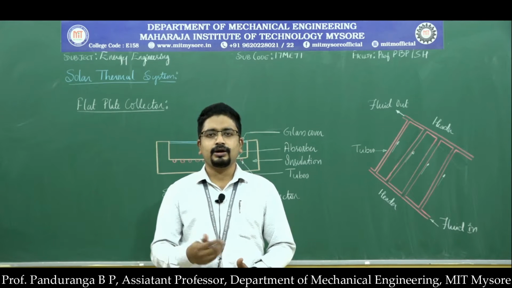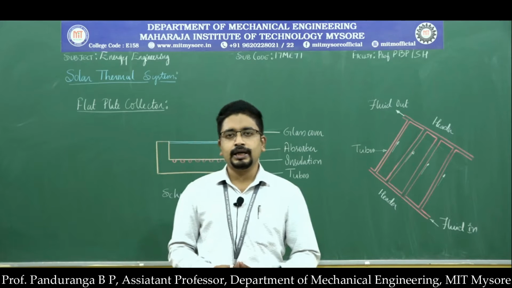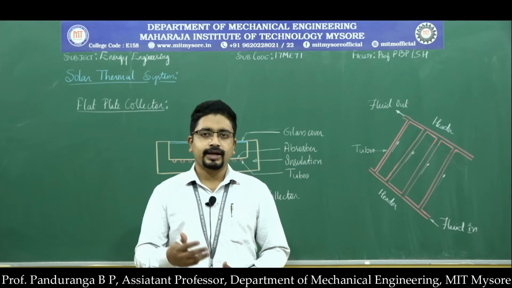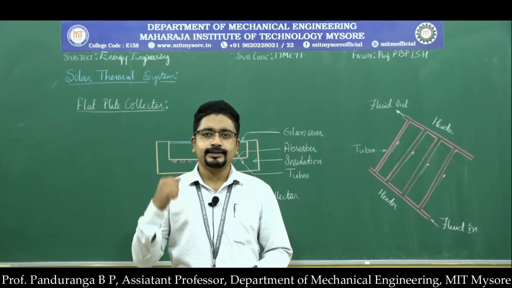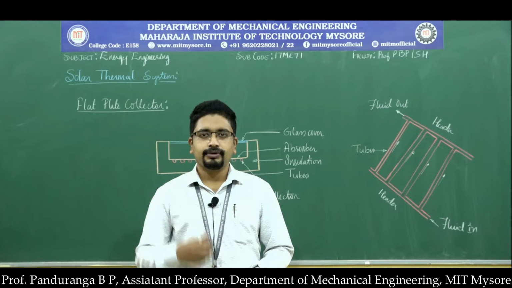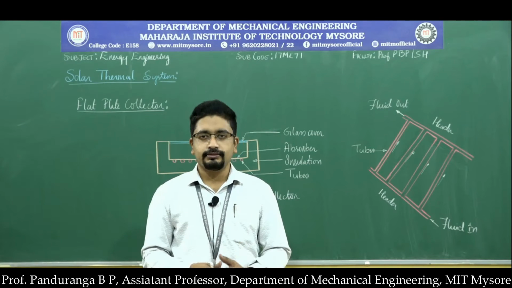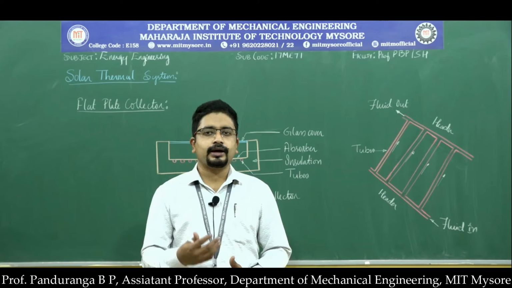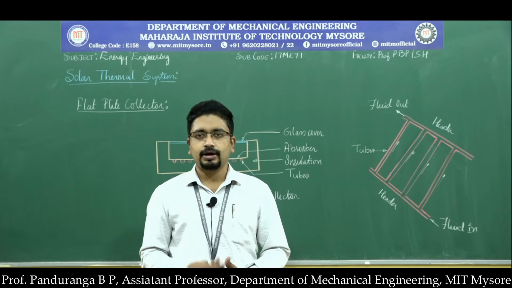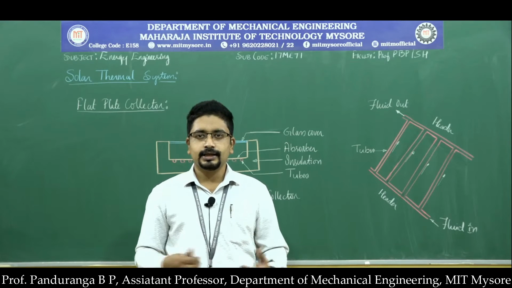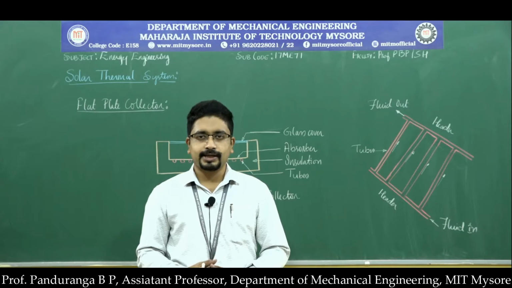So it's not the best way of converting energy. So what we can do is use the heat energy available in the sun. We can heat air. That hot air can be circulated throughout the living space, and we can provide comfortable living conditions inside the living space. That is one of the applications.